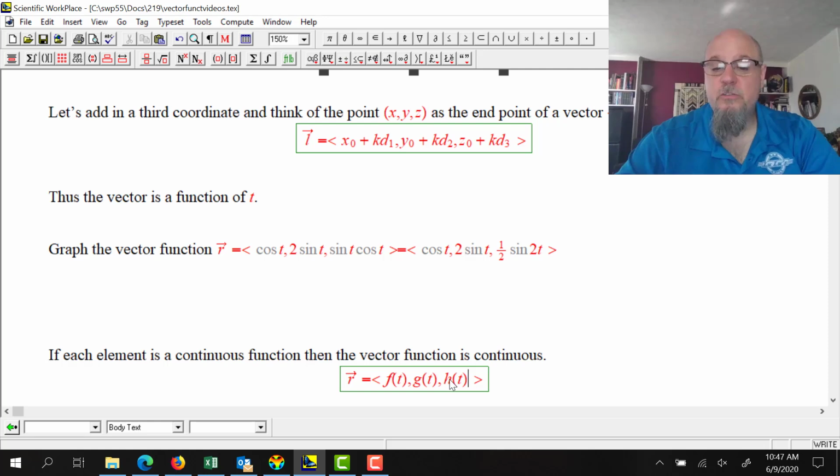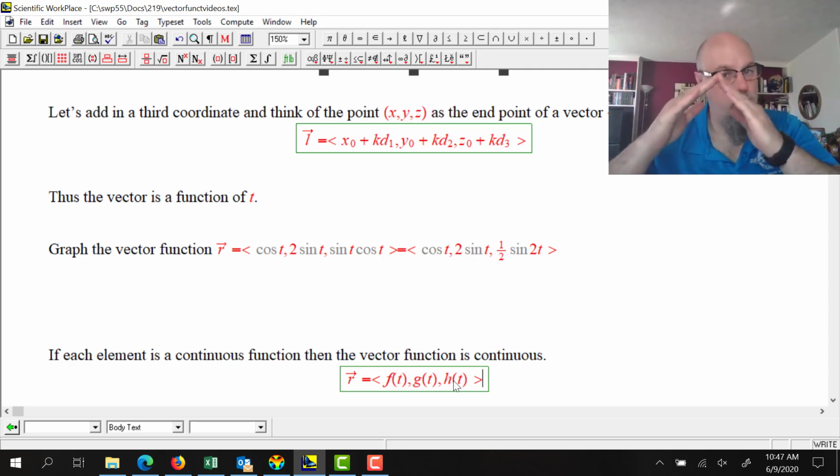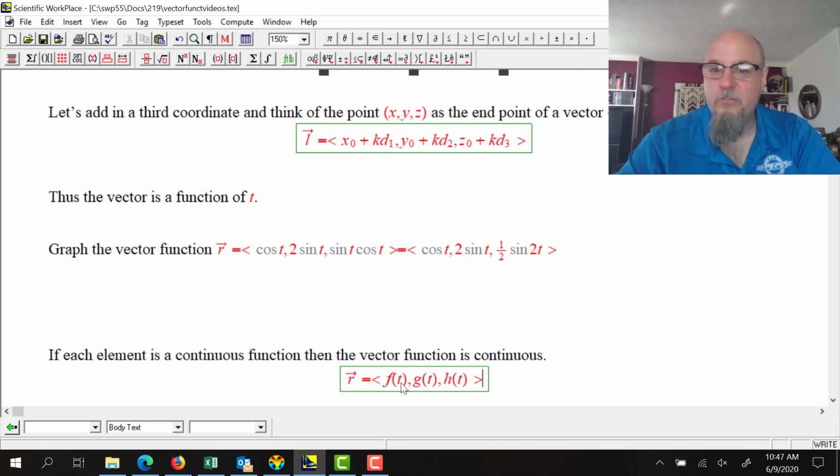We're also going to learn how to differentiate these and how to integrate, but the same sort of rule applies. If f and g and h are all differentiable, you can take the derivatives, they're smooth, there are no sharp points, then the actual space curve is as well.